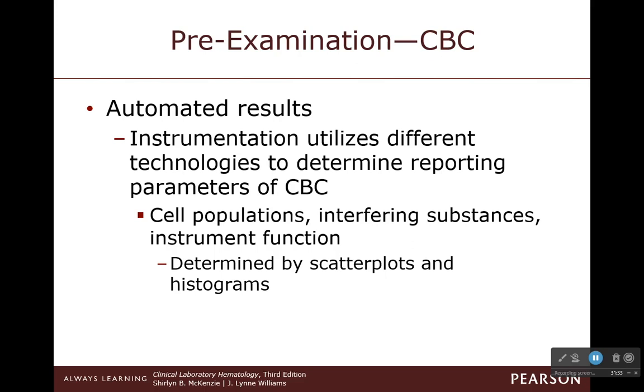So you'll have size, and then light scatter, I believe, is usually what it is. Of course that's all calculated from your machine. But what you have to learn is it puts little dots based off of cell population and their size.